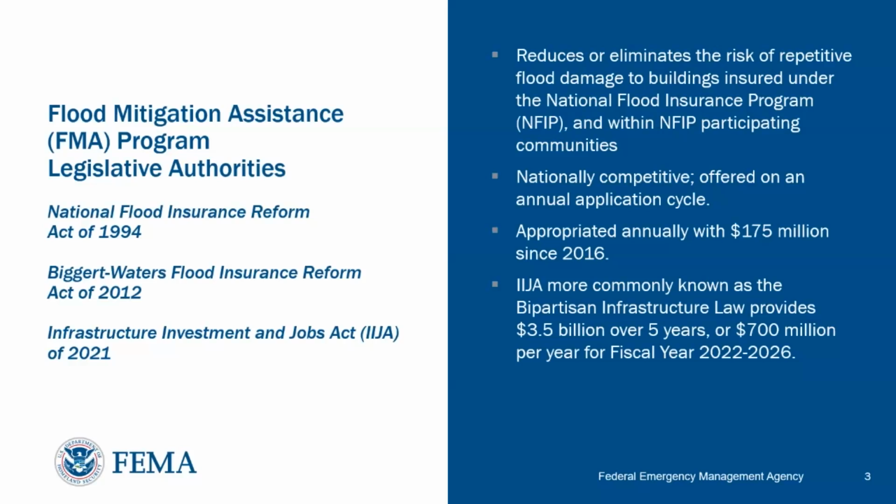Our program is a competitive program offered annually during a specific application period, which runs at the same time as the Building Resilient Infrastructure in Communities, or BRIC program. Local communities can apply through eligible applicants, which are states, tribes, and territories. So it's important to note that they should be in contact with the appropriate state agency, as there will likely be different deadlines for submittal and may have different formats for application submission, as well as state priorities.